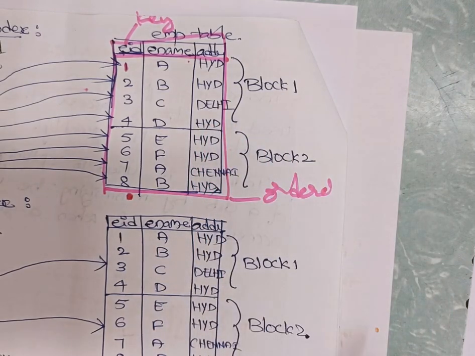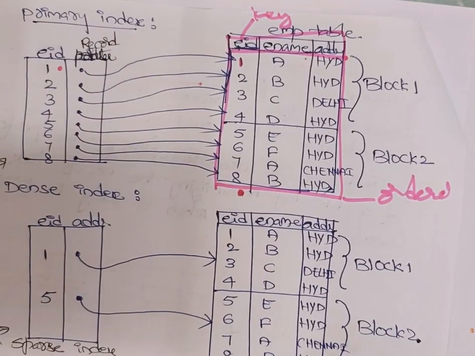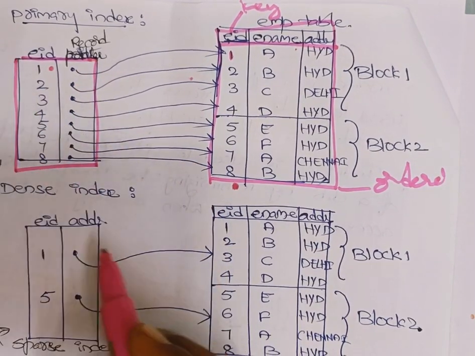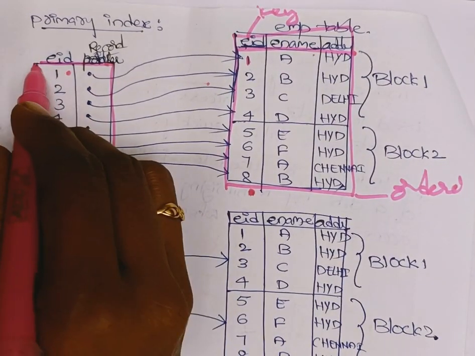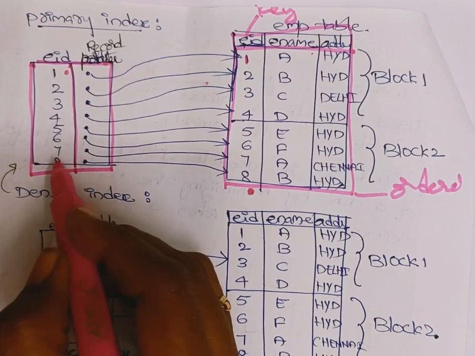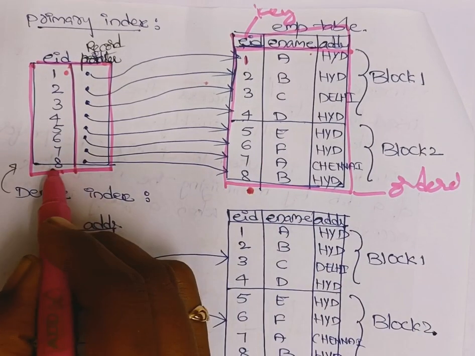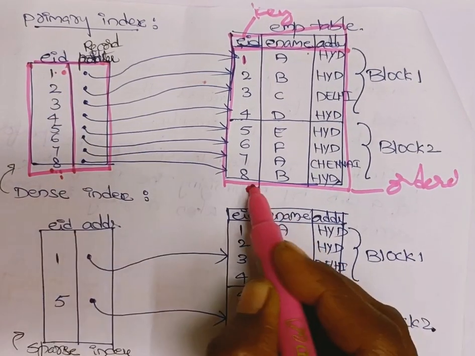So how do we apply a dense index? This is an index table. What do you mean by index table? It consists of two columns. The first column contains the primary key of the table, which is 1 to 8.